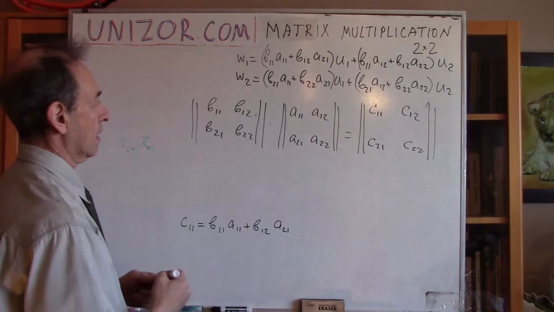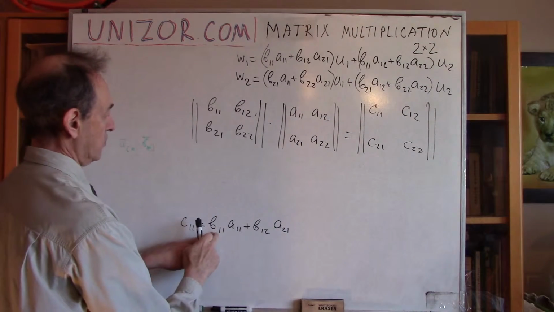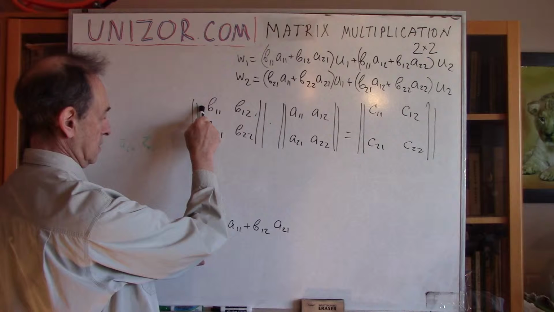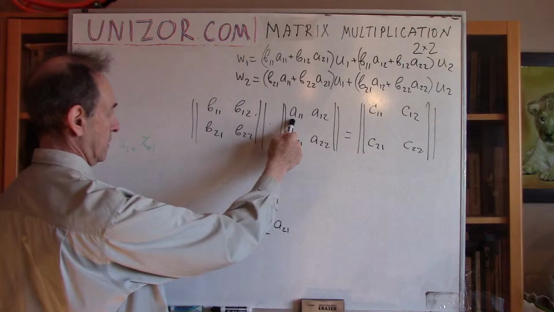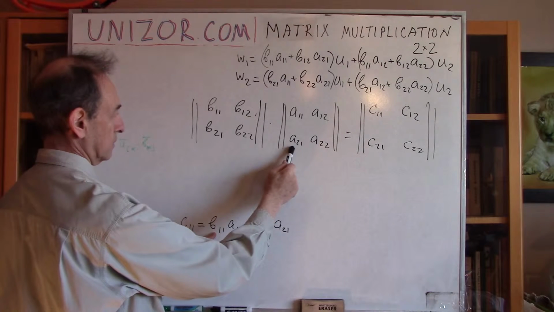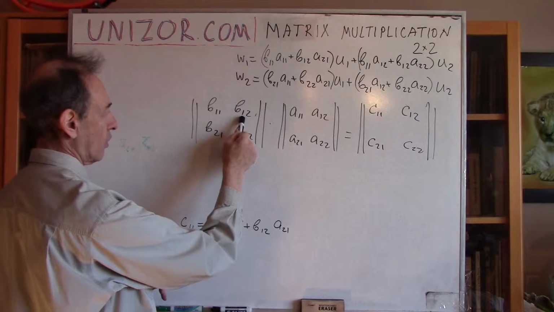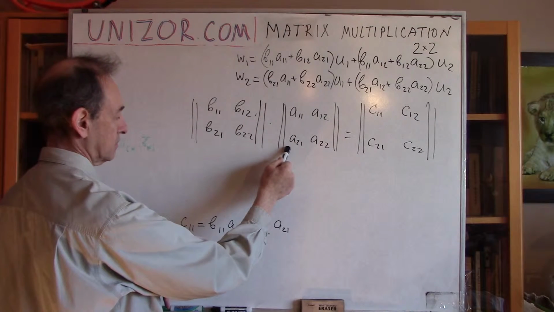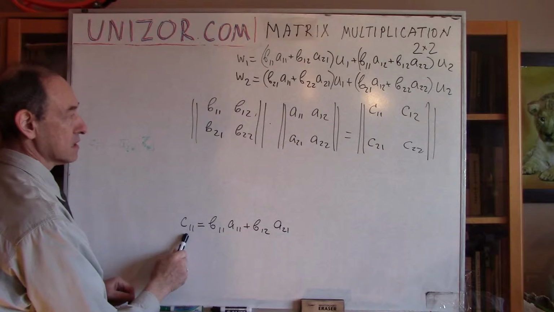Right? So C11 is equal to B11 times A11 plus B12 times A21. So I'm taking the first row and the first column. And notice this, element index is 1, 1.